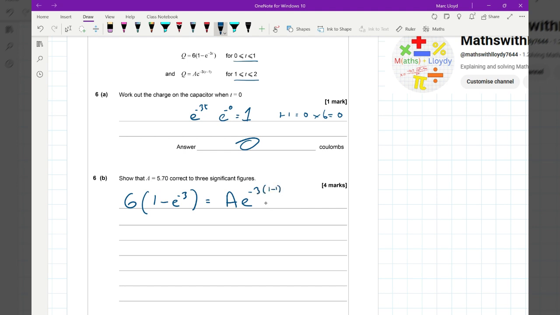This whole bit is just going to be 1, because 1 minus 1 is 0, times minus 3 is still 0, and e to the 0 equals 1 from earlier. So that's just going to be A. Then we have 6 take away 6 lots of e to the minus 3. From there, we can put that into our calculators.